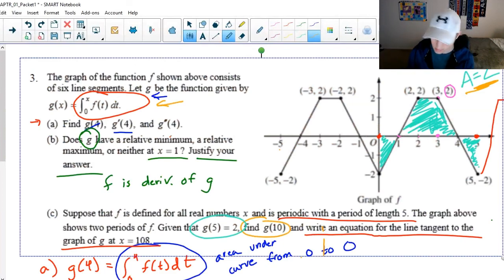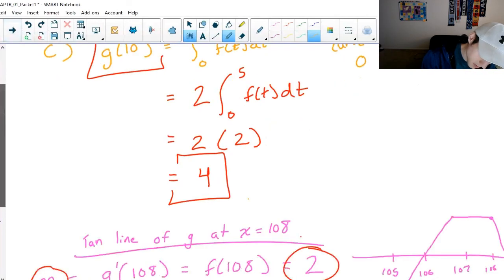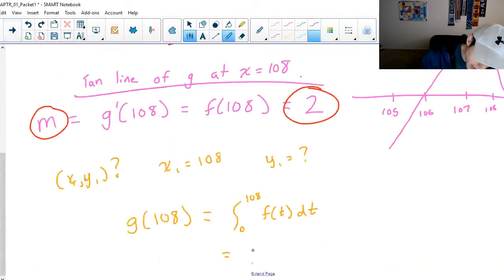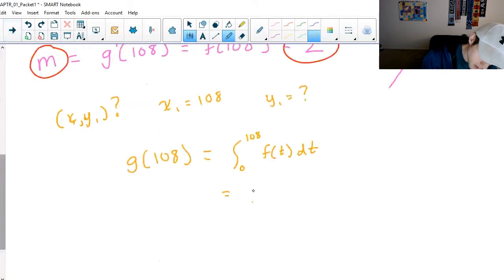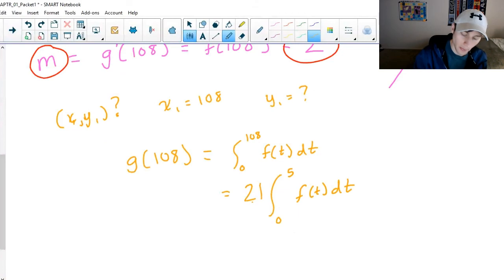Let's see, 105 divided by 5 is 21. That makes sense. So that's the same thing as 21 cycles from 0 to 5, but that just gets me to 105.